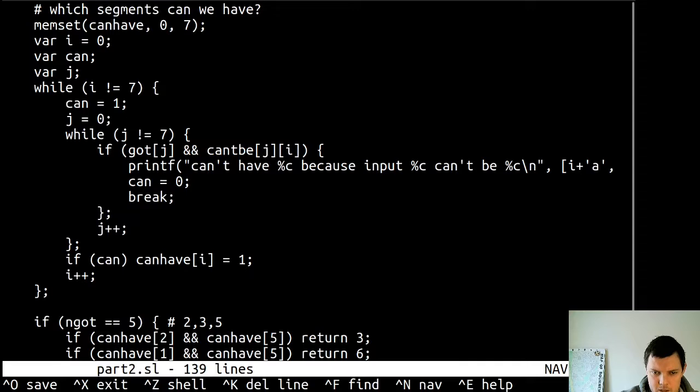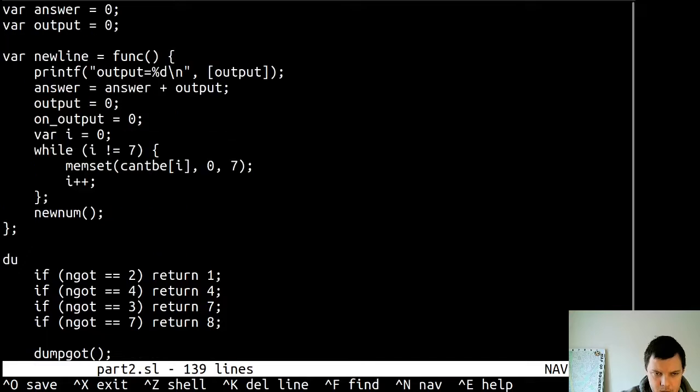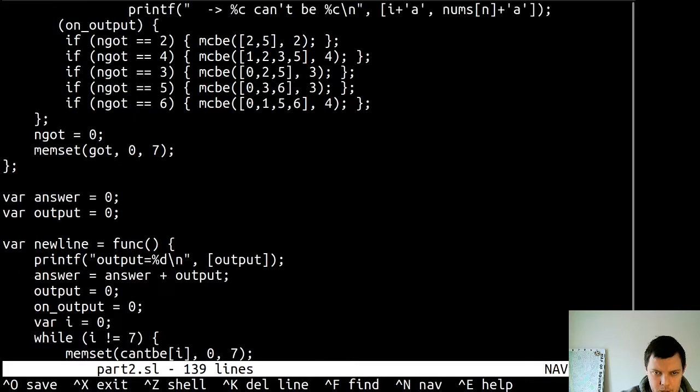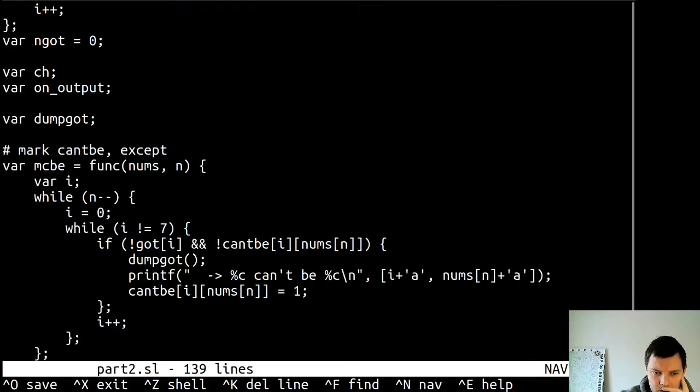The first one is, this is saying the first one can't be the second one. And how do we know it can't be the second one? Because we said so here. And why did we say so?